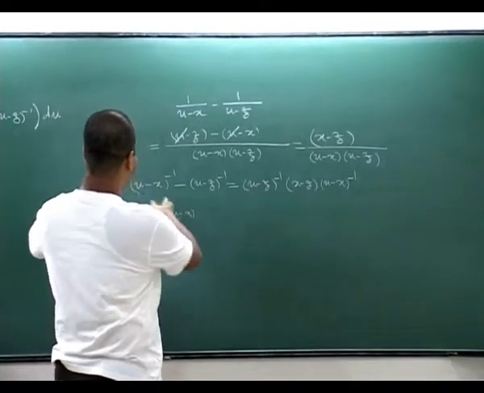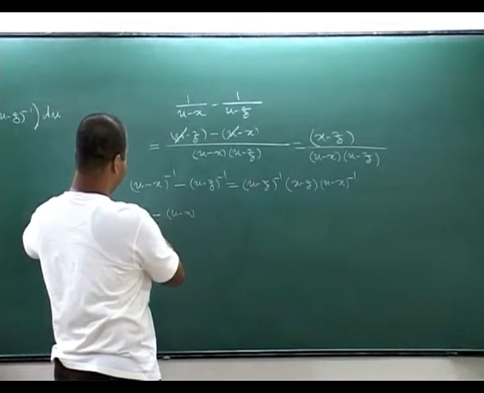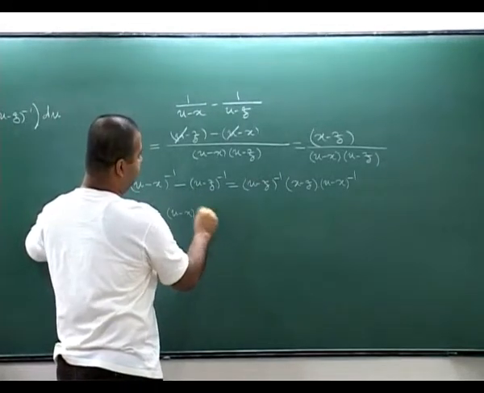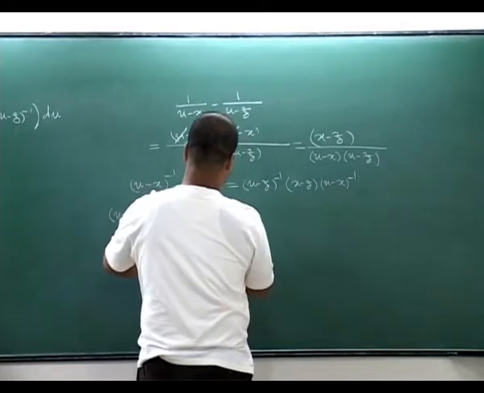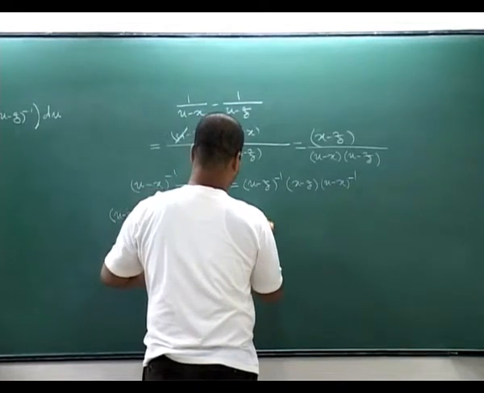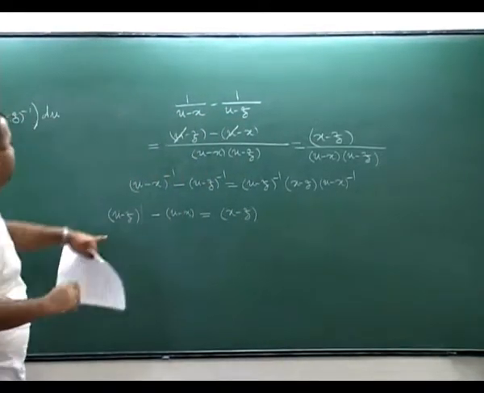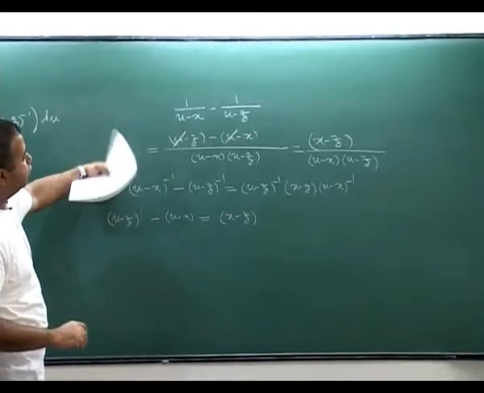So you multiply it by u minus x times u minus z, this will give you that, and this will give you x minus z. So this is true and therefore this is true.